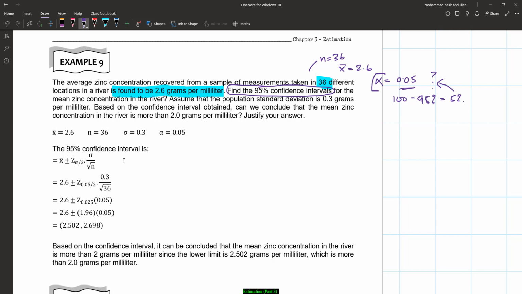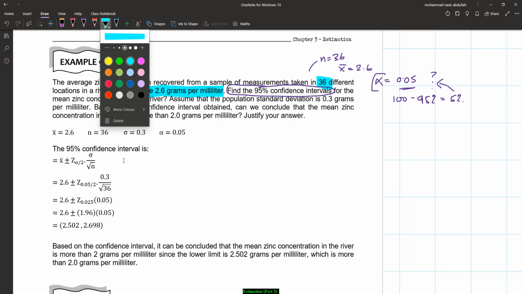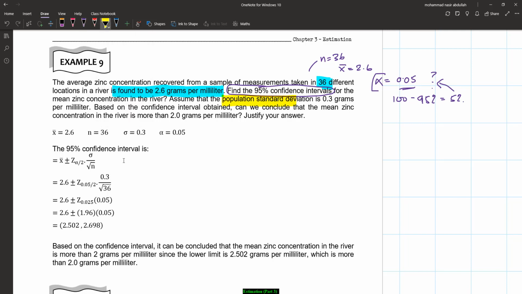Assume that the population standard deviation is 0.3. So based on the confidence interval obtained, can we conclude that the mean zinc concentration in the river is more than 2.0 gram per milliliter?